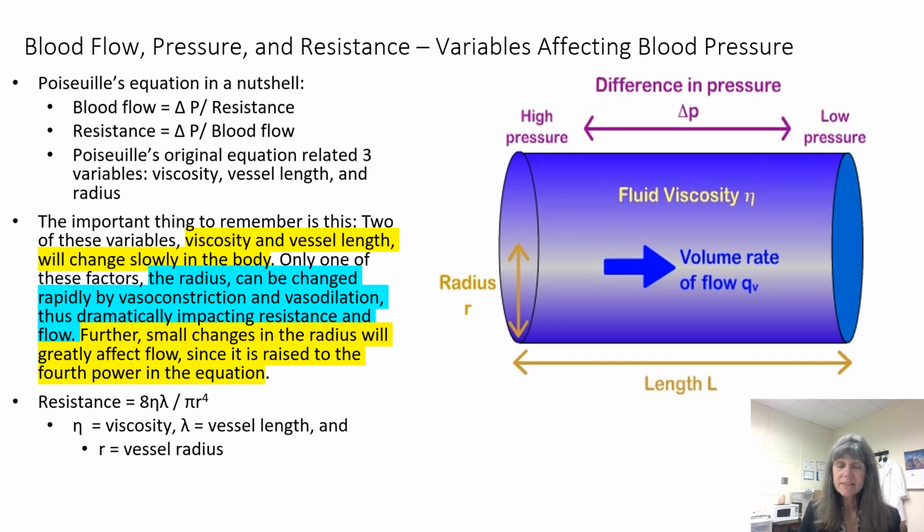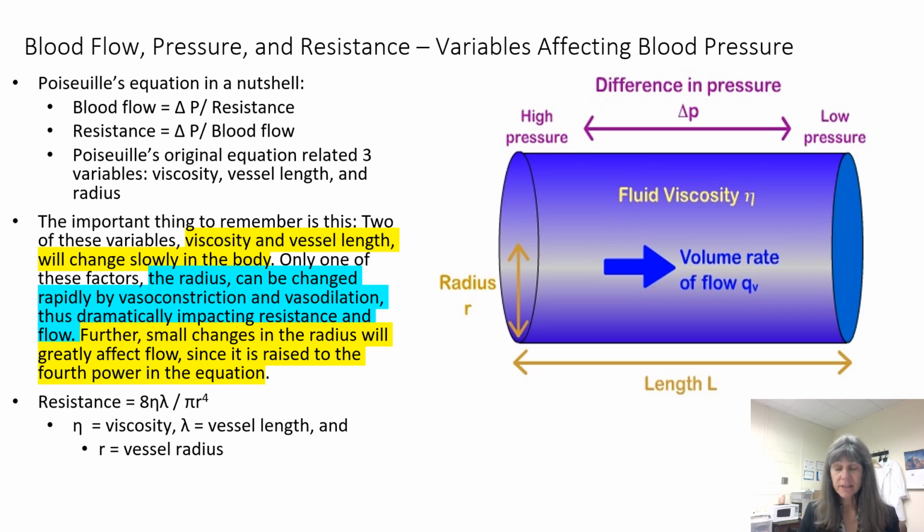In this slide, we're going to discuss Poiseuille's equation, and there are three variables to this equation: viscosity, which is the thickness of the blood, the length of the blood vessel, and the radius of the lumen of the blood vessel.